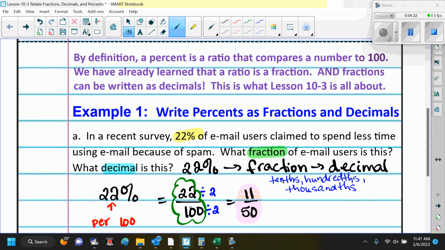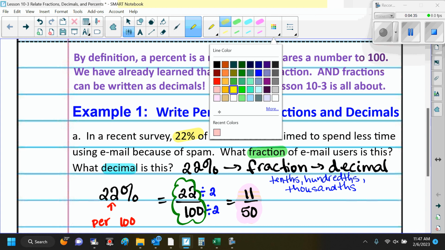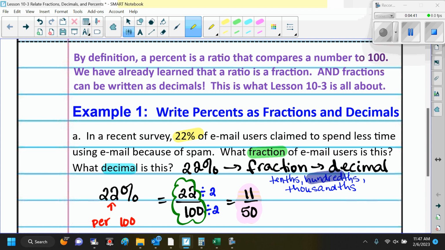So here, this says 22 over 100. 22 over 100, the place value is, which one? Hundredths, right? So the place value, I'm going to use, the place value is hundredths. Oh, that's too dark. So you're going to read that fraction correctly, and once you read it correctly, that tells you what the decimal is going to be. Does that make sense?